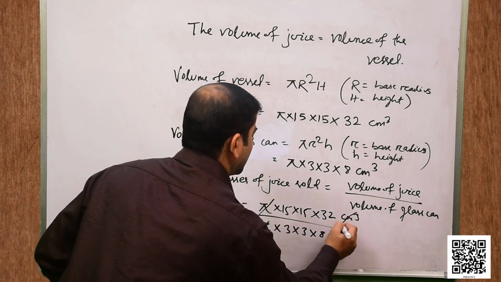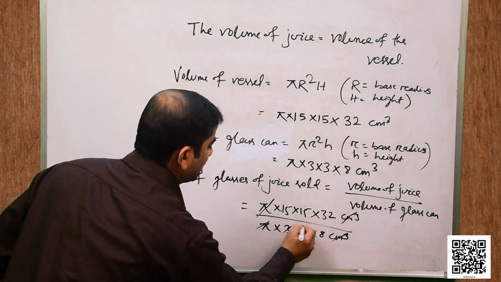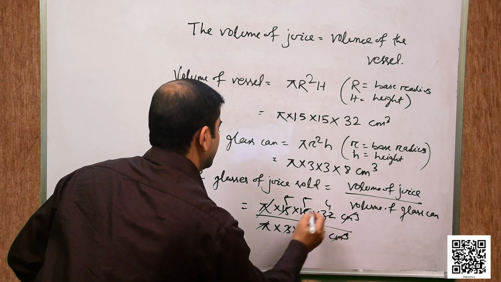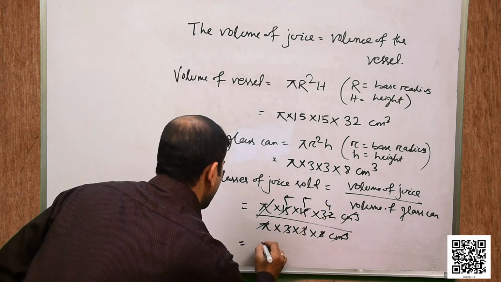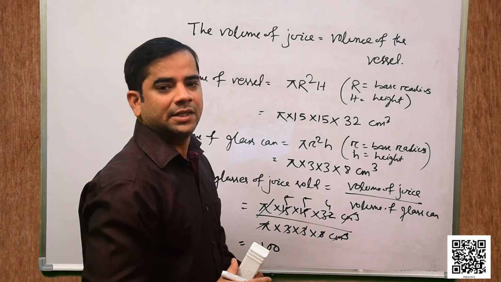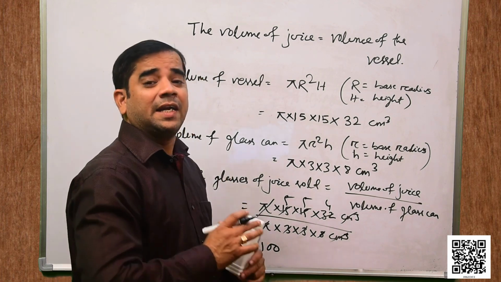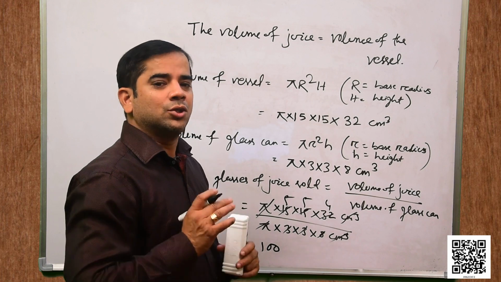Pi cancels out, centimeter cube cancels out. It reduces to 100. So 100 glasses of juice were sold.